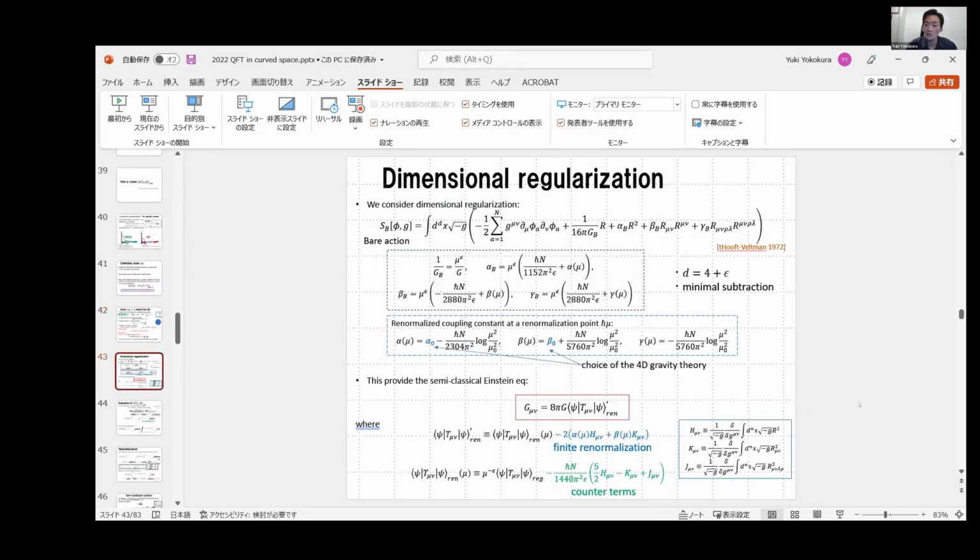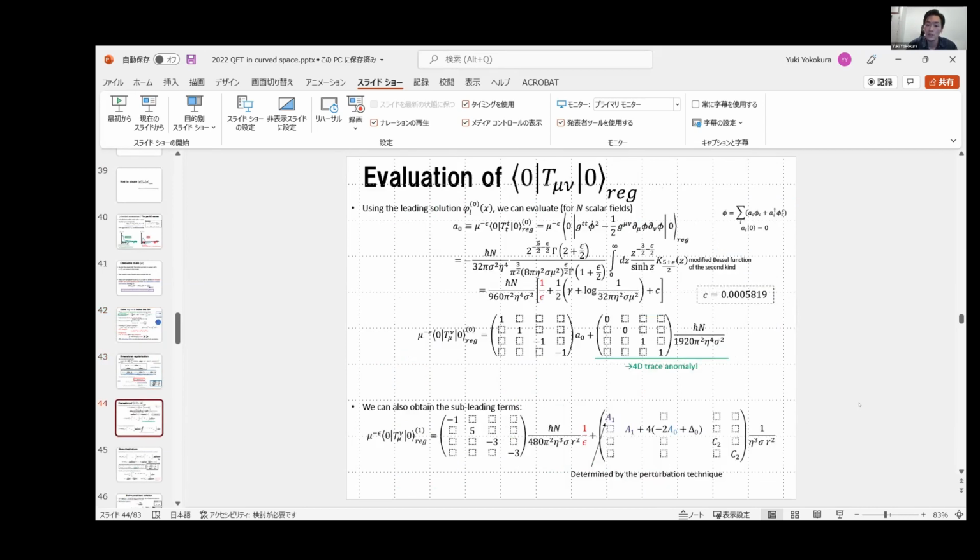I can show just a little bit. This is just a usual regularization technique. Here, this is very dirty, but analytically you can pick up the UV divergence term and the renormalization energy scale dependence part here, mu is the energy scale.